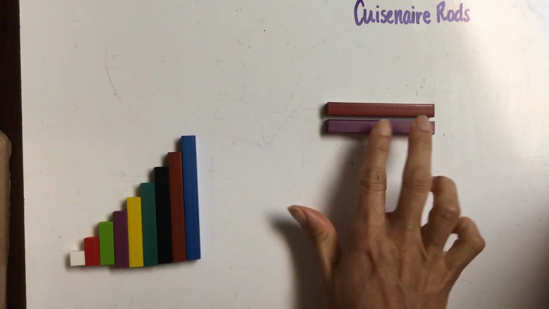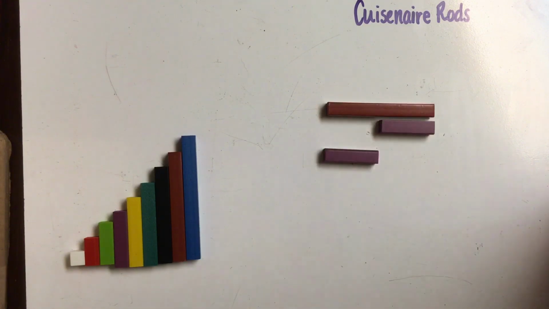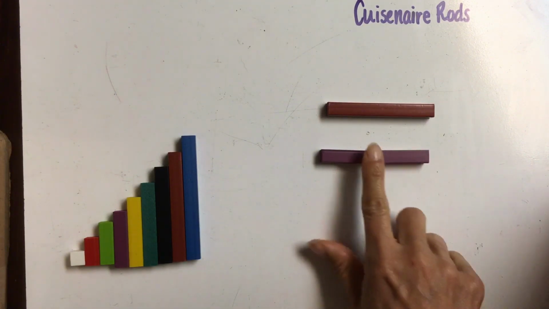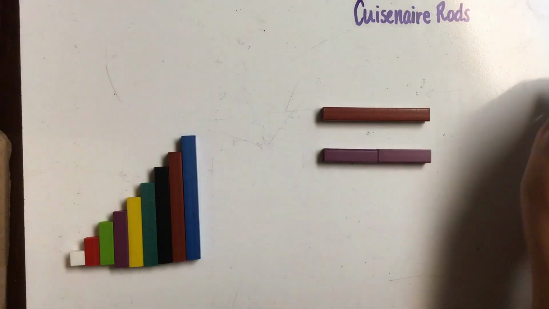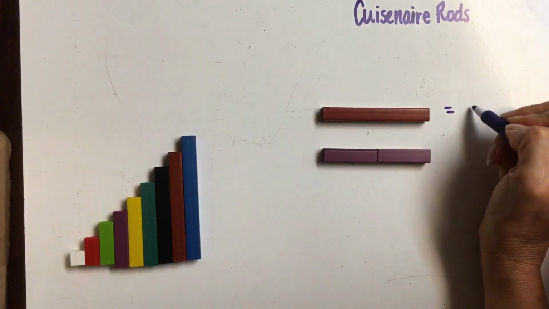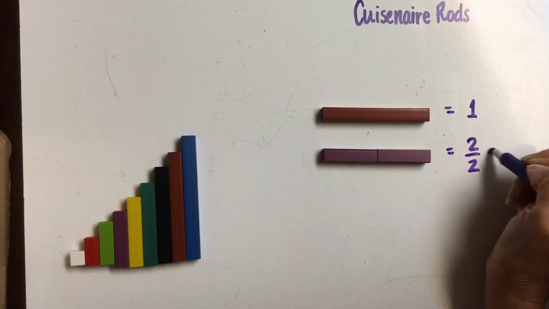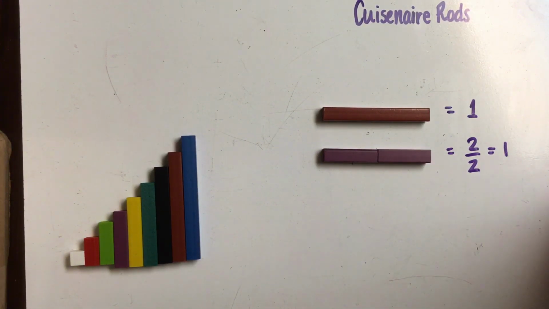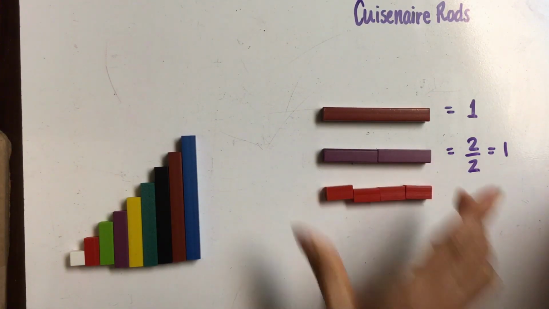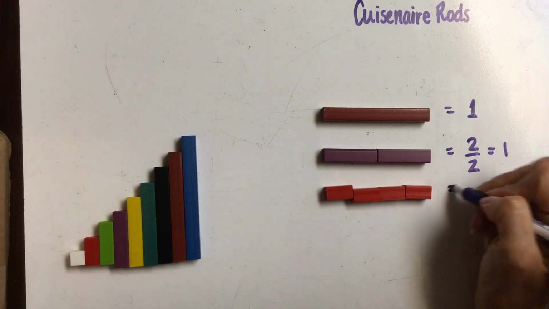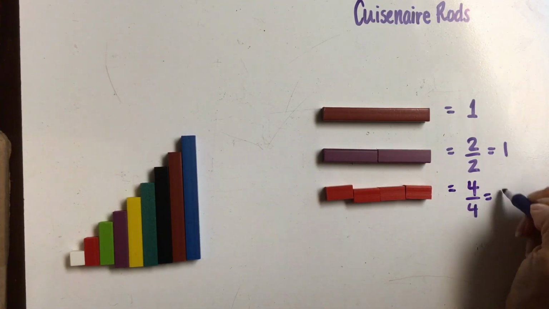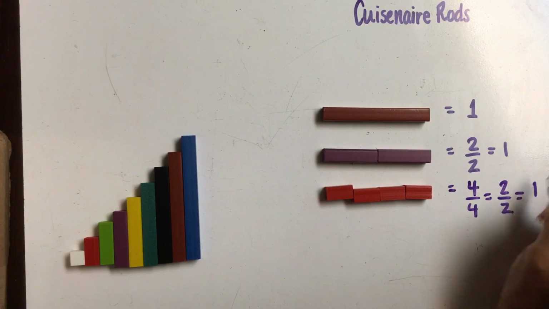So I can see that the purple is 1/2 of the brown, and that 2 halves is equal to 1 whole, because I have now changed my brown to represent my whole. Oh, 2 halves equals 1. You can further divide that into fourths, and you can say, oh, I have 4 fourths. Well, that's equal to 2 halves, which is equal to 1.